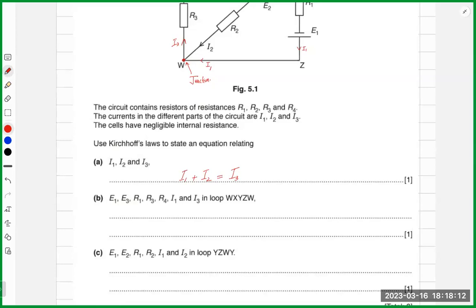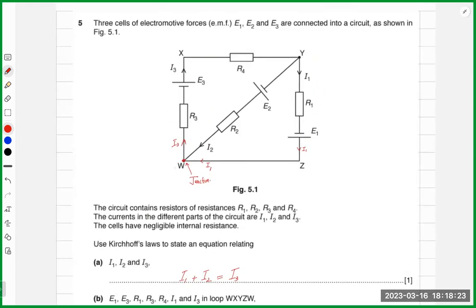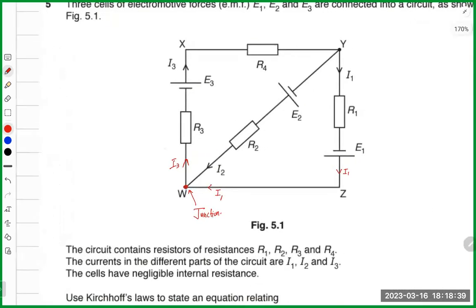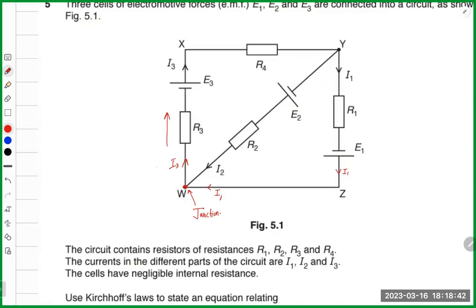E1, E3, R1, R3, R4, I1 and I3 in loop W, X, Y, Z, W. So it is asking for the rectangular circuit over there, not the triangular part, but the rectangular part. So when current goes like this, it loses, and there's a potential difference of minus I3R3.